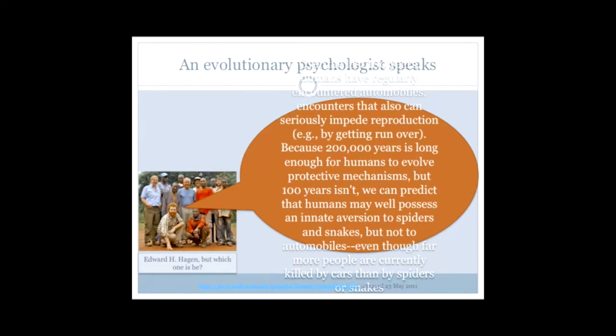Because 200,000 years is long enough for humans to evolve protective mechanisms, but 100 years isn't, we can predict that humans may well possess an innate aversion to spiders and snakes, but not to automobiles, even though far more people are currently killed by cars than by spiders or snakes. The adaptive mind cannot cope with automobiles. It hasn't had time to cope with cars.